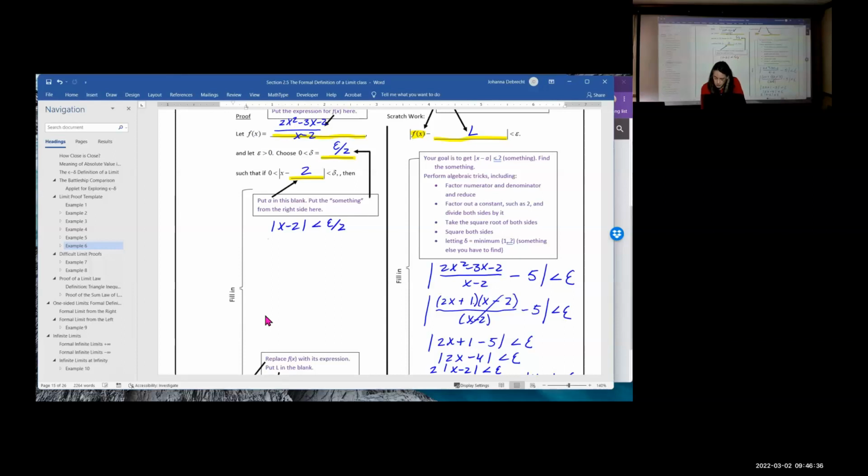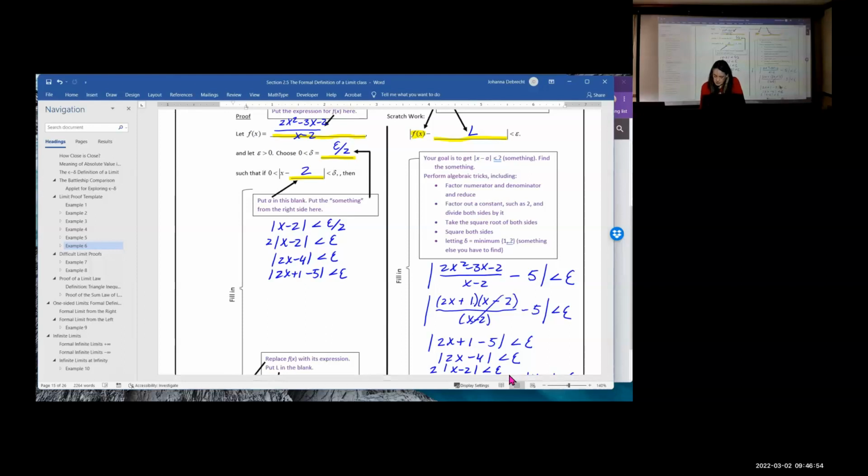Then we go backwards to |x minus 2| less than epsilon, which gives us |2x minus 4| less than epsilon, which gives us |2x plus 1 minus 5| less than epsilon.